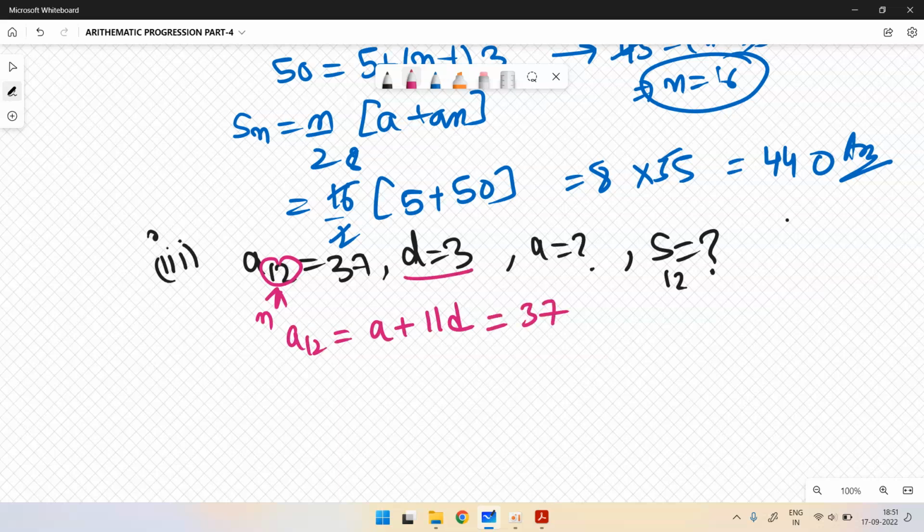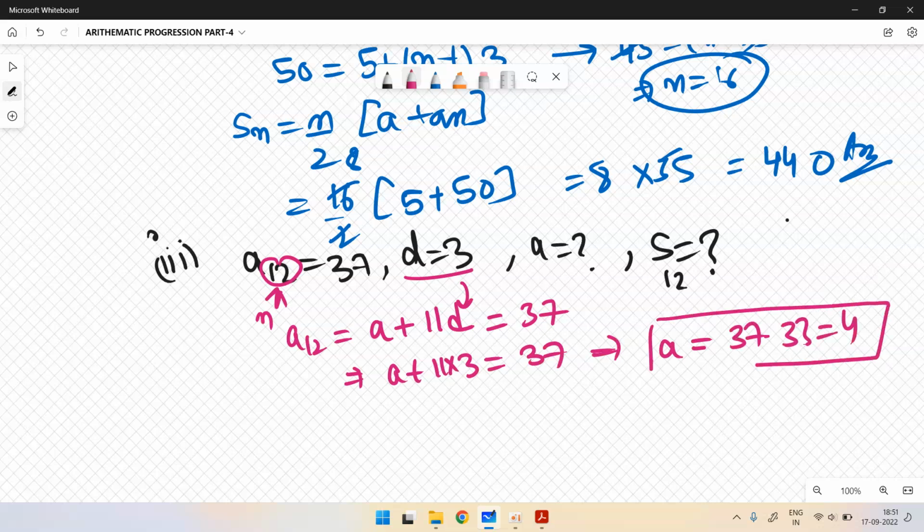Now d is given to be 3, so I've substituted the value of d here, which implies a plus 11 into 3 equals 37, which implies that a equals 37 minus 33, which is 4. Value of a is 4.